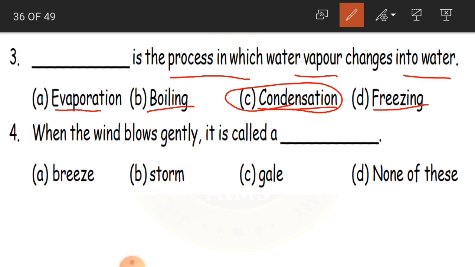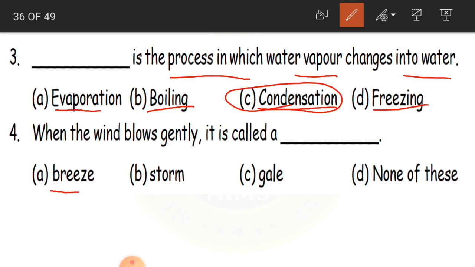Clear, children? Yes. The fourth question here is, when the wind blows gently, it is called a dash. Wind, that is the moving air, when it blows gently, it is called a dash.